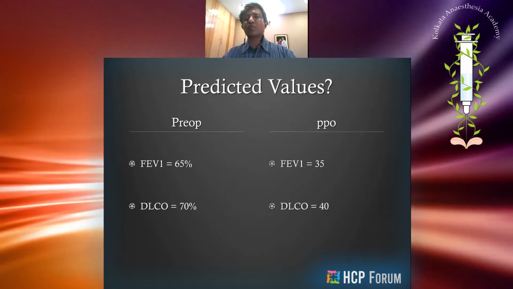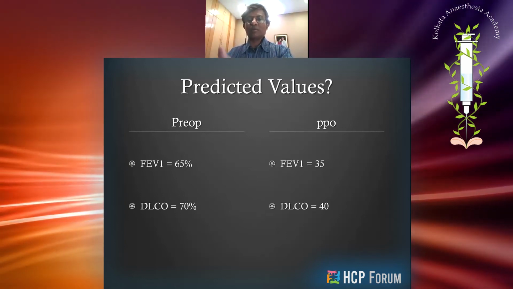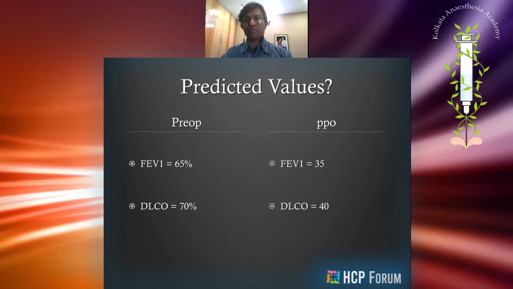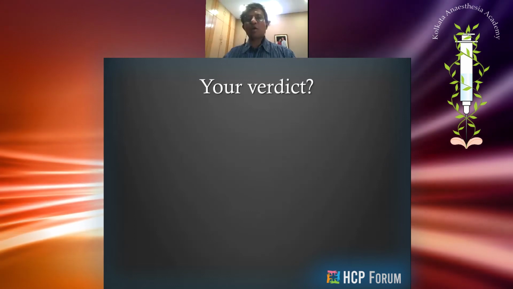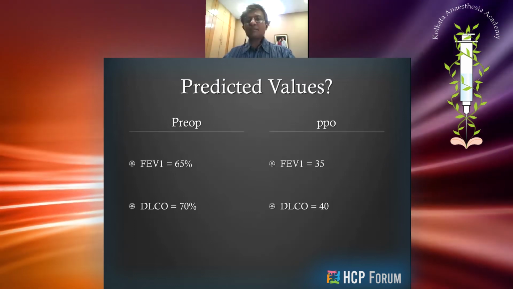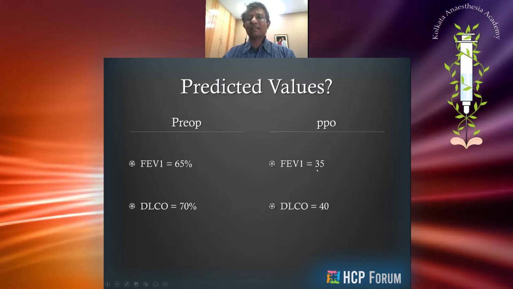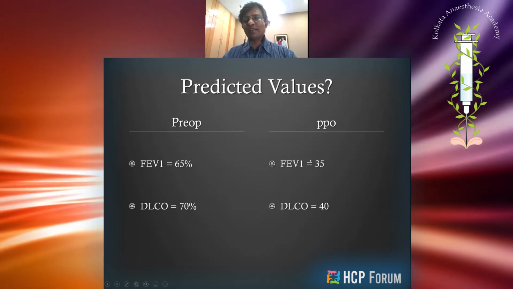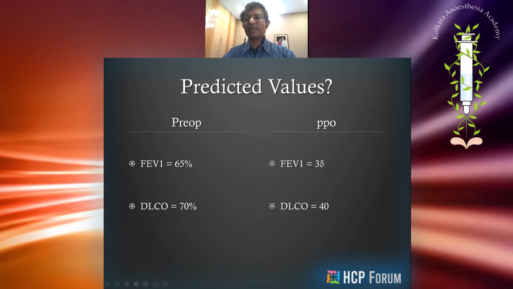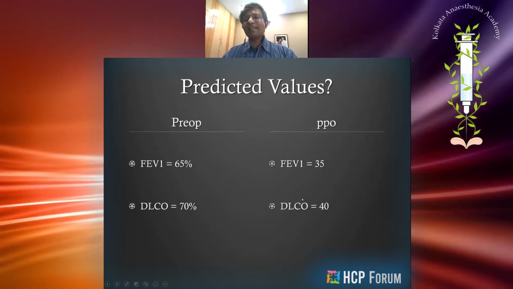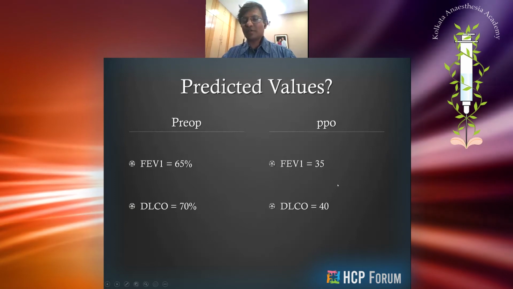The predicted postoperative FEV1, if you do that calculation, will come to 35, and the DLCO will come to around 40. So what would be your verdict? Remember, we said the cut-off is around 40. So FEV1 predicted postoperative is coming to less than 40, but the DLCO is just at 40. So you're okay with it.